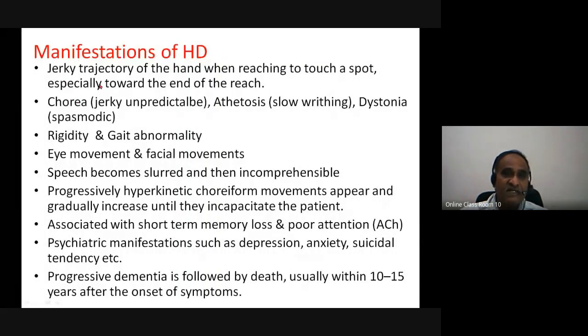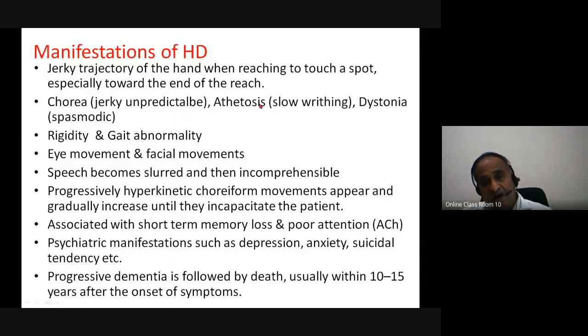Huntington disease manifests as a jerky trajectory of the hand when reaching to touch a spot, especially toward the end of the reach. As the person tries to reach, there may be a twist. This is the beginning of Huntington disease, and slowly it manifests as chorea, which is jerky, unpredictable movements of different magnitude involving all parts of the body.